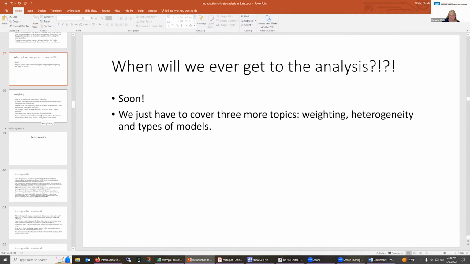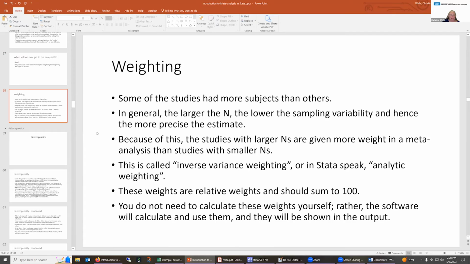But let's move on to weighting. The issue of weighting in a meta-analysis comes from the fact that some studies have more subjects or respondents than other studies. And in general, when N goes up, the sampling variability goes down, hence the estimate of the effect size is more precise.